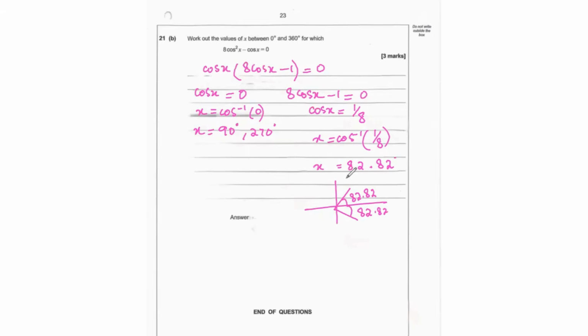So for the second value, x equals 360 minus 82.82, which gives us 277.18. So our answers are 90, 270, 82.82, and 277.18 degrees.